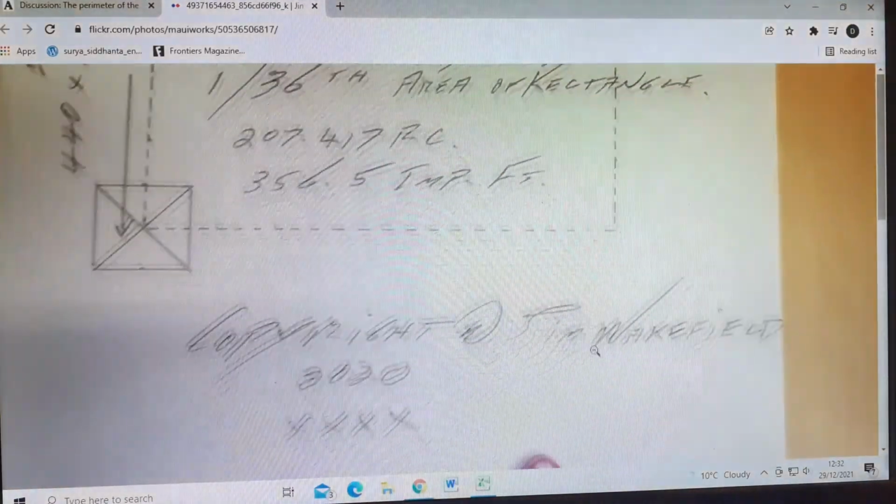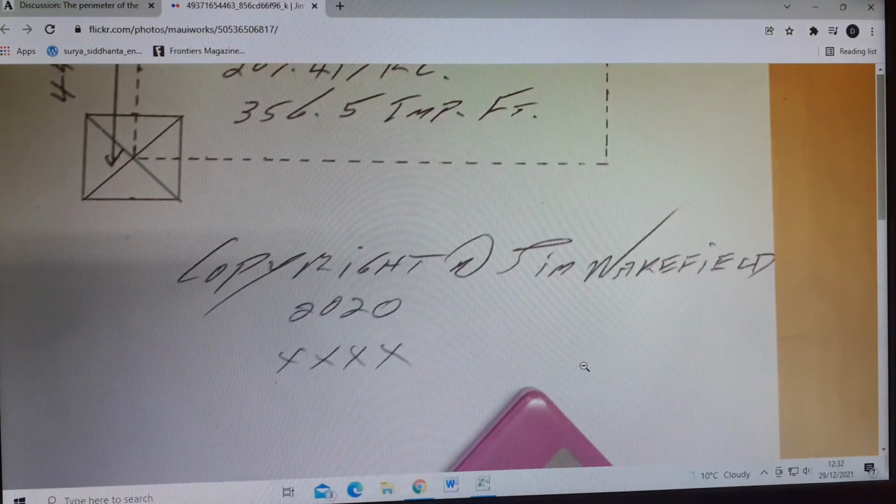We'll look at Jim's paper, copyright. I mean, this analysis that Jim is giving us is giving us exactly the same analysis that Berryman's produced in his book. And Berryman's analysis produces the royal cubit of 20.625.